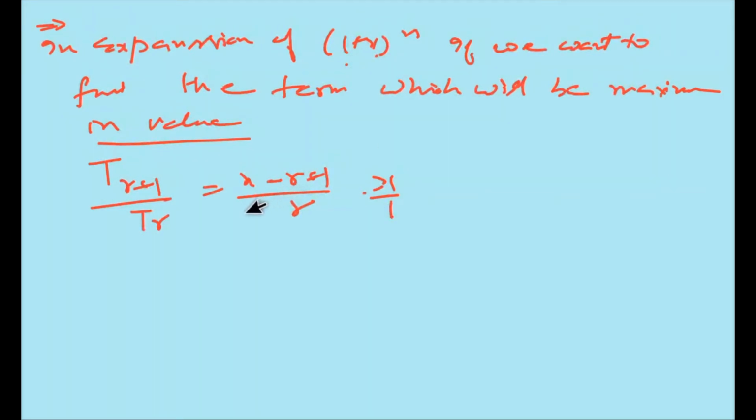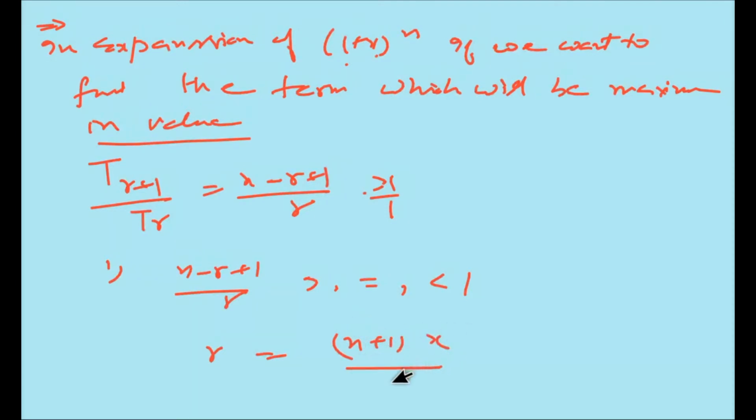Using this ratio, if we write it this way, (n - r + 1)/r times x, greater than or equal to or less than 1. Now we find the value of r. We will get (n + 1)x/(x + 1).